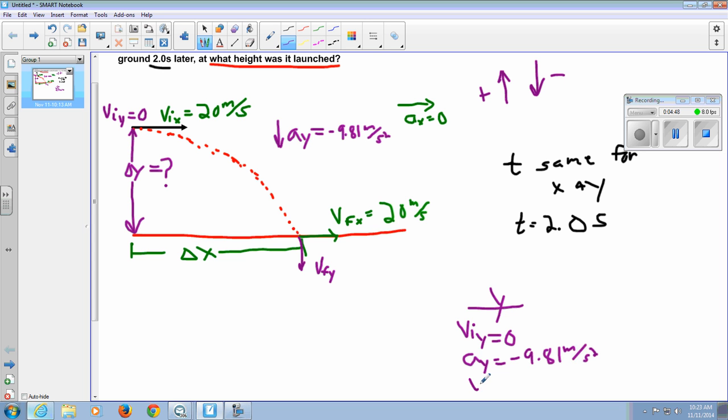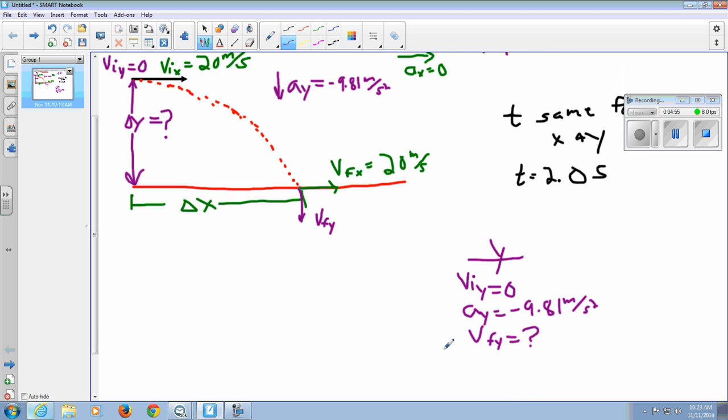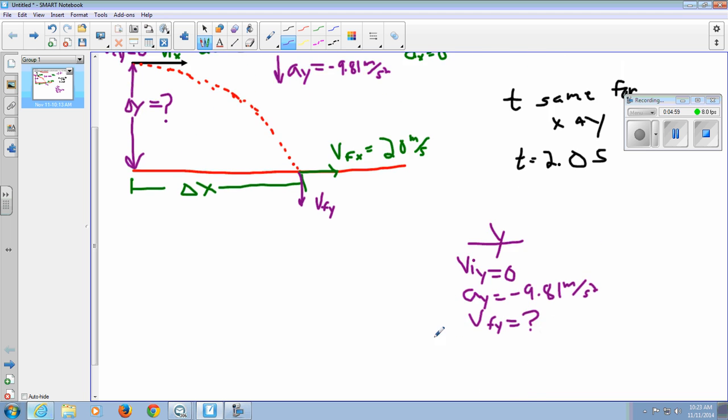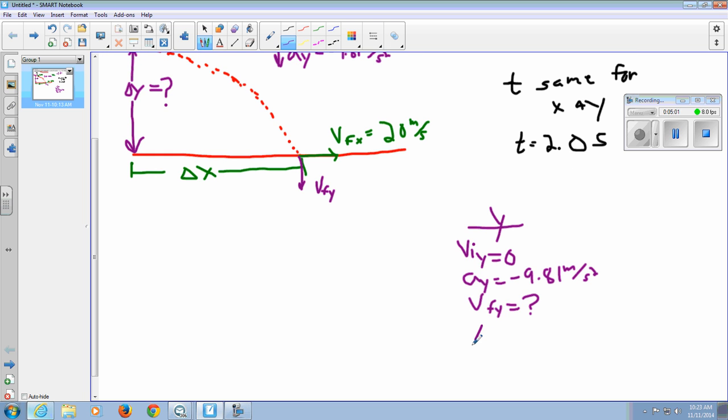The final in the y direction, we don't know. Maybe we don't need to know. We are looking for the displacement in the y direction. That's also a question. And we have the time equal to 2.